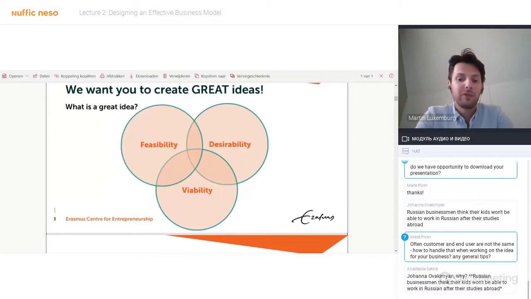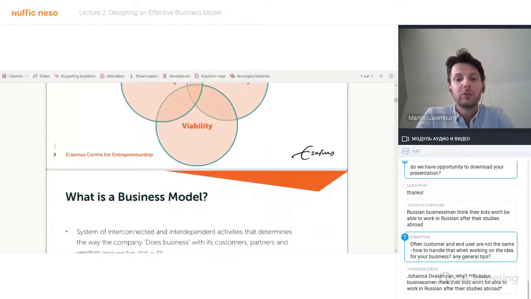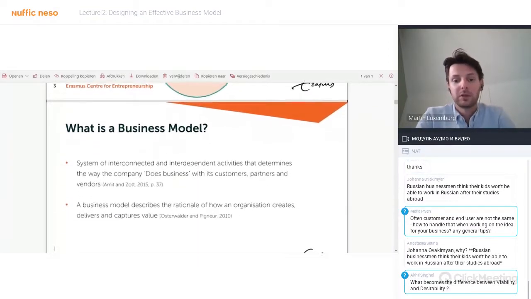But if you can do that only by making a loss, then it's not a viable business. So that's the third one that you should look at. Every great business model has all these three elements, ticking the boxes and making sure this is covered. So that's, let's say, part number two that I really want you to take into account when looking at your own business model.